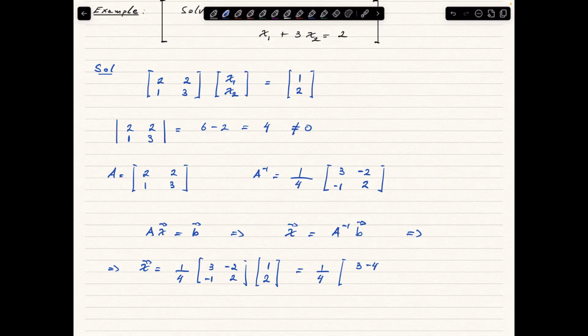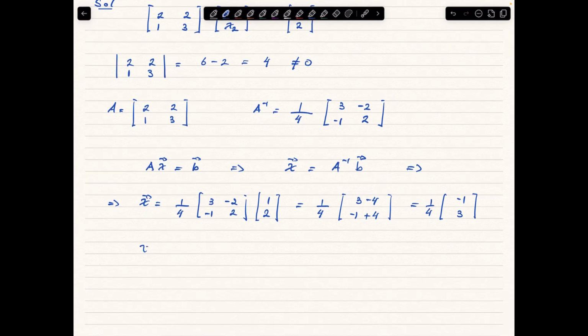The other is going to give us -1 plus 4. So we end up with 1/4, and then we have -1 and 3. So here is the solution. x1, the first component, is -1/4. The second component is 3/4.